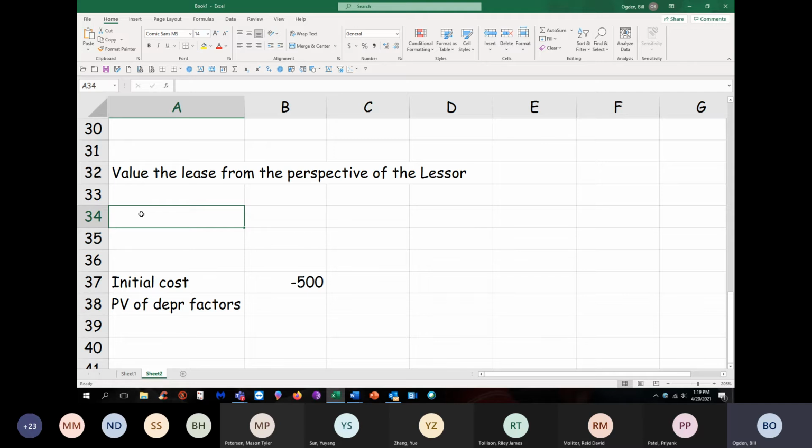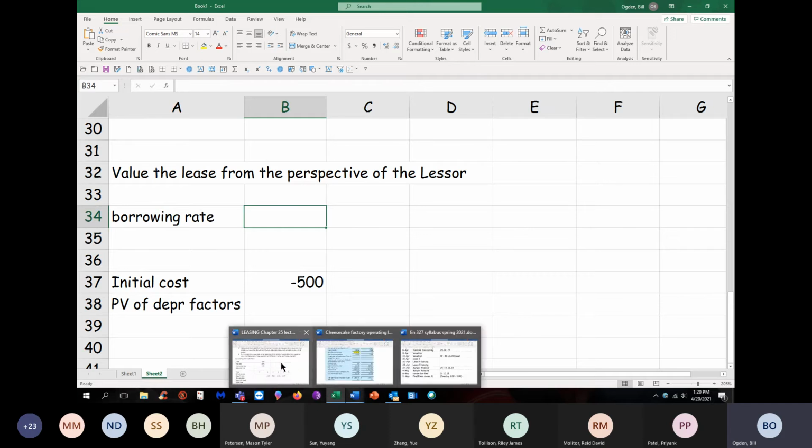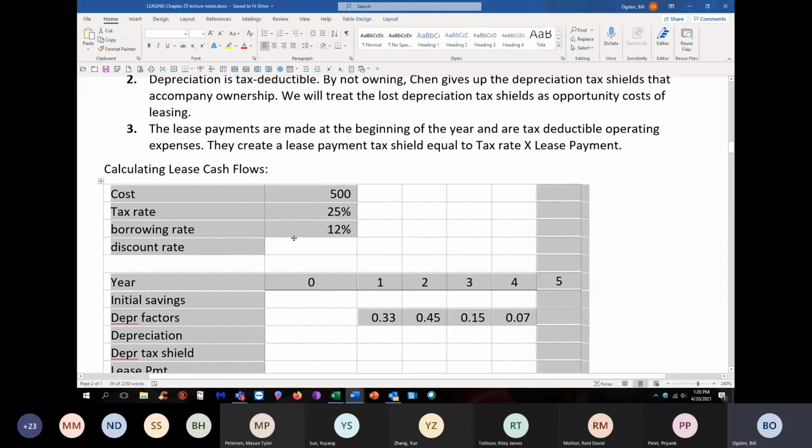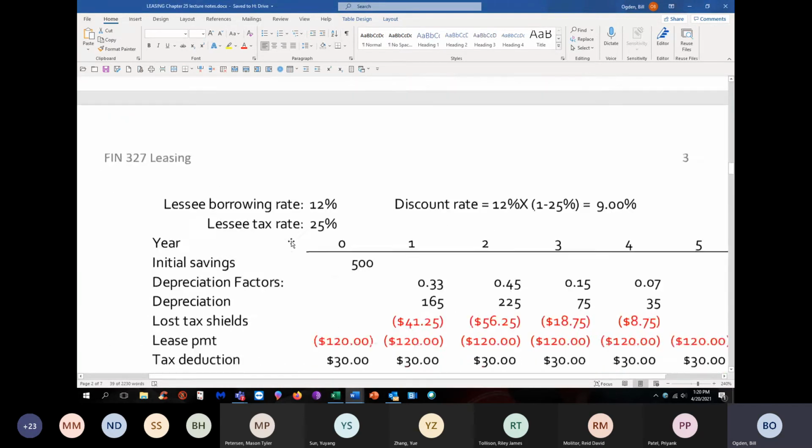So let's give the lessor borrowing rate. We can take the word lessor out of this because we know this is all about the lessor. Borrowing rate for the lessor, I'm trying to remember. I believe it's 6%.